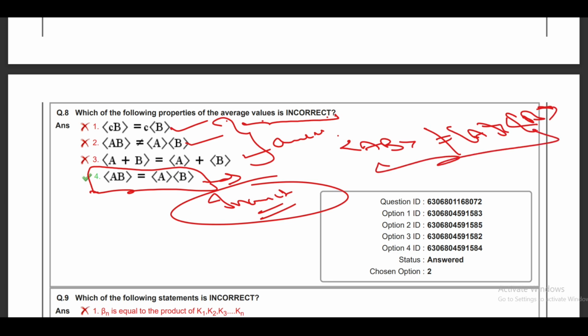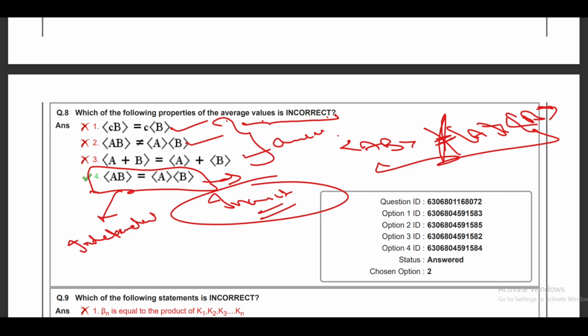Okay, so in this case, in many cases we can see, especially in physics and statistics, A and B may be correlated. And if they are correlated, in that case this should be not equal to. And if A and B are independent, in that case you can write it like this.